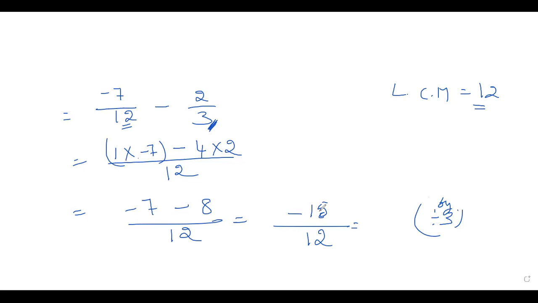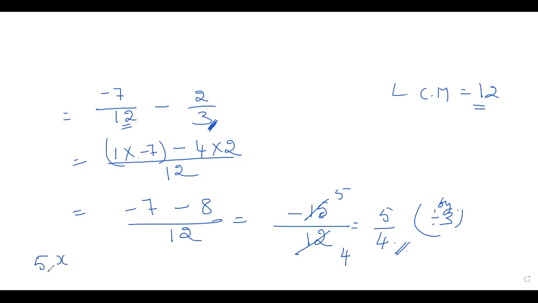I'm going to cancel 15 and 12 by 3. 3 fours are 12, 3 fives are 15. That is 5 by 4. Okay, still we have a problem, children. So what do you have on the left side?